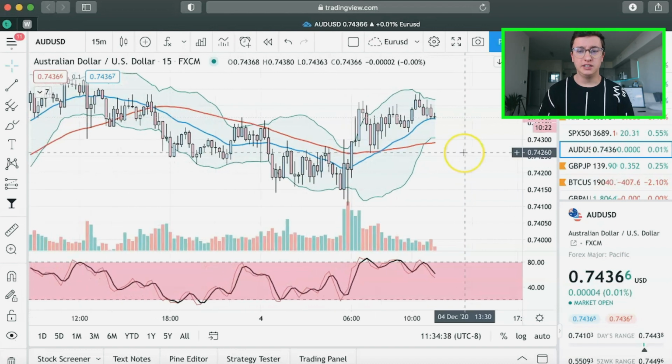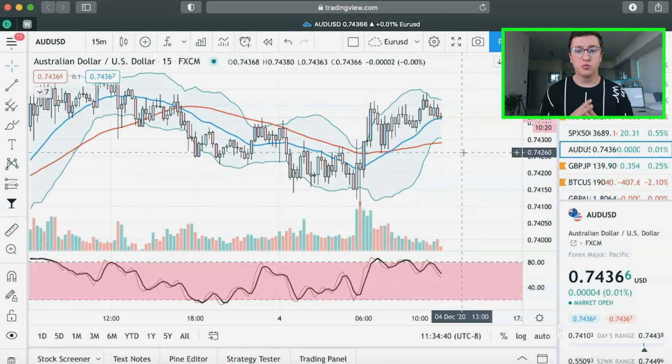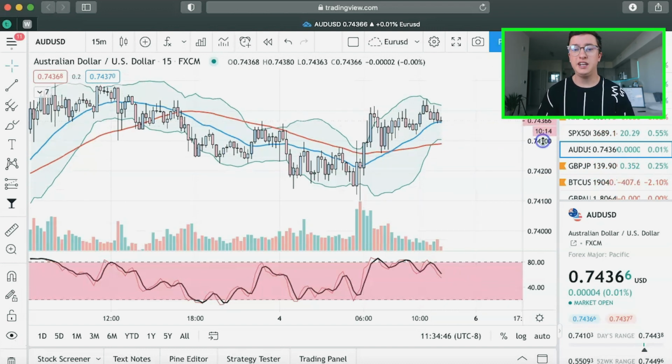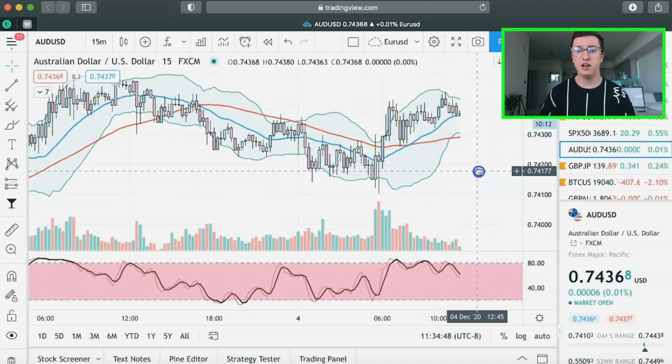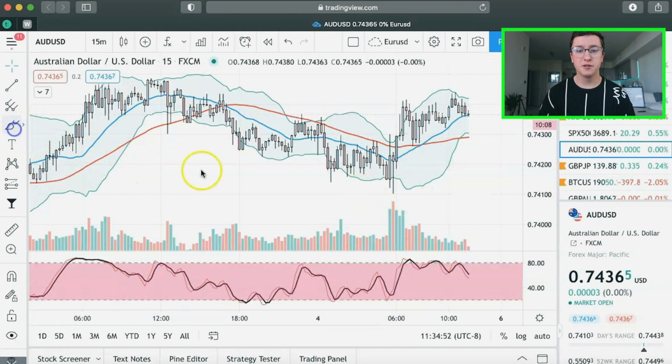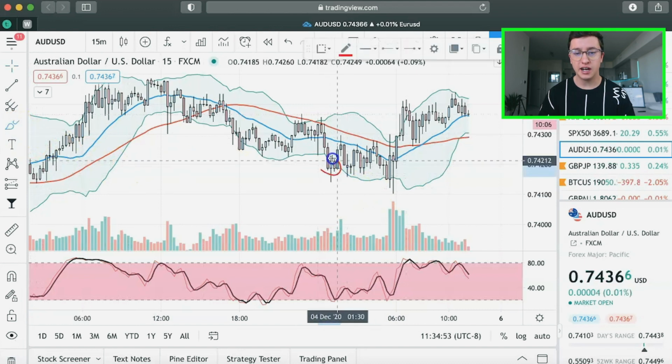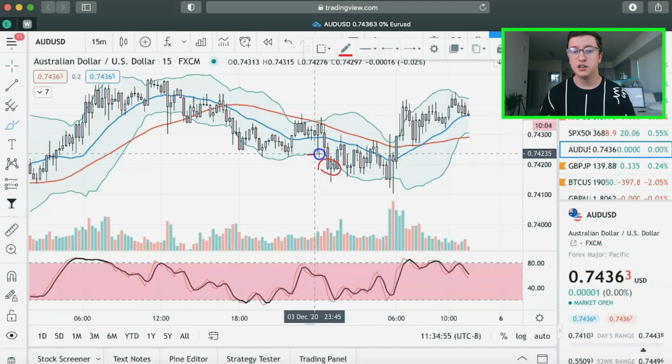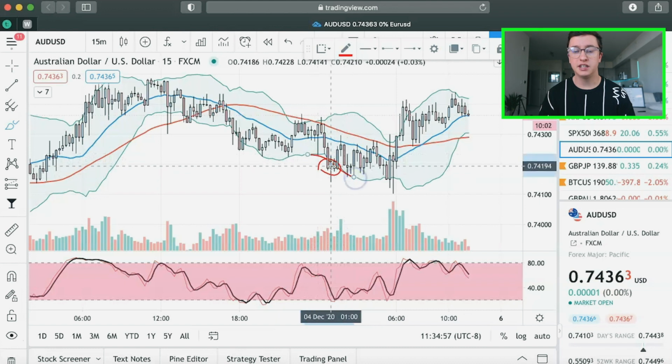So let's start. What we're looking for when we're using the Bollinger Bands is it will kind of tell you when the market is oversold and overbought. So key indications when the market is oversold or overbought is, you guys can see right here, look at how the candle is outside of the Bollinger Bands right here. Here's the Bollinger Bands, and you can see that that candle right there closed outside the Bollinger Bands.